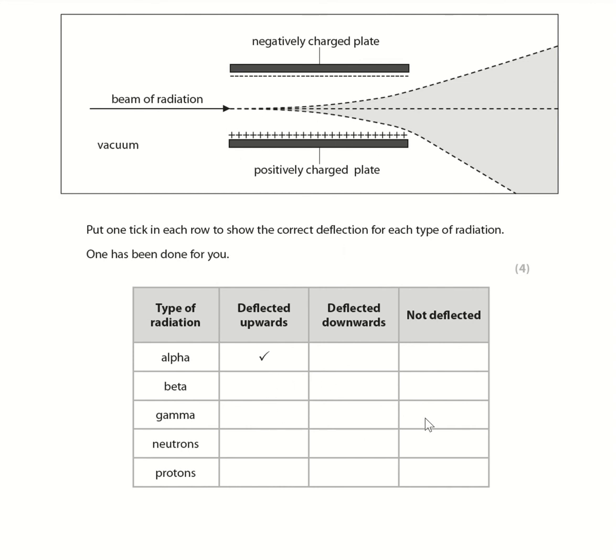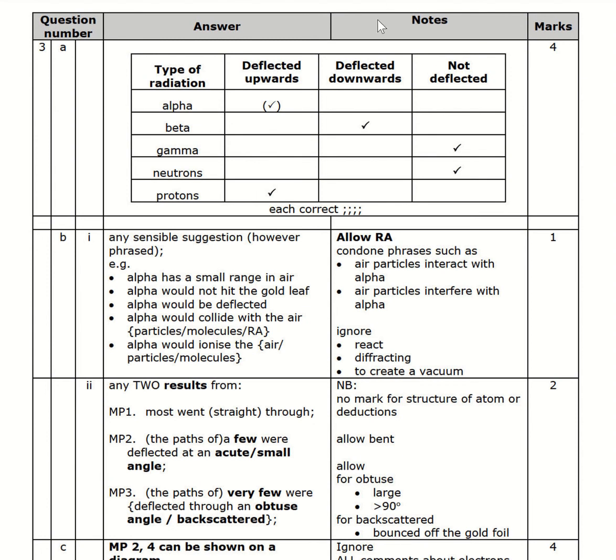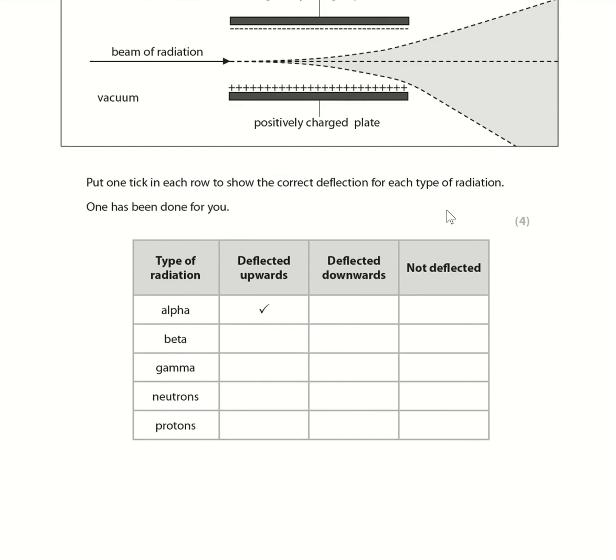Gamma is not deflected as it doesn't have an overall charge. Neutrons are uncharged and protons are positively charged, so protons are deflected upwards to the negatively charged plate.